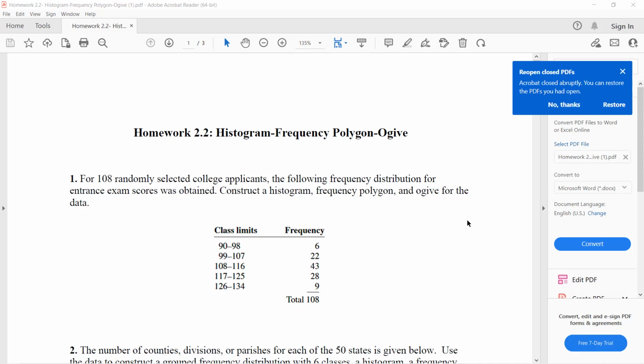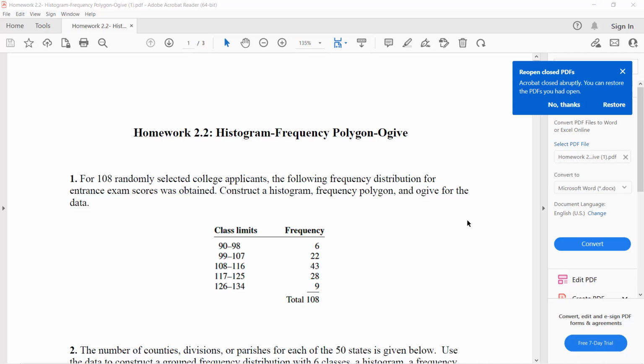And then 117 to 125: 242 divided by 2 is 121. And then 126 to 134: 260 divided by 2 is 130.